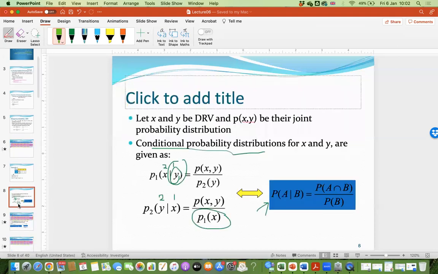Then we also learned about the conditional. Same thing, the difference is we use the y. In this case, we're using the marginal probability.